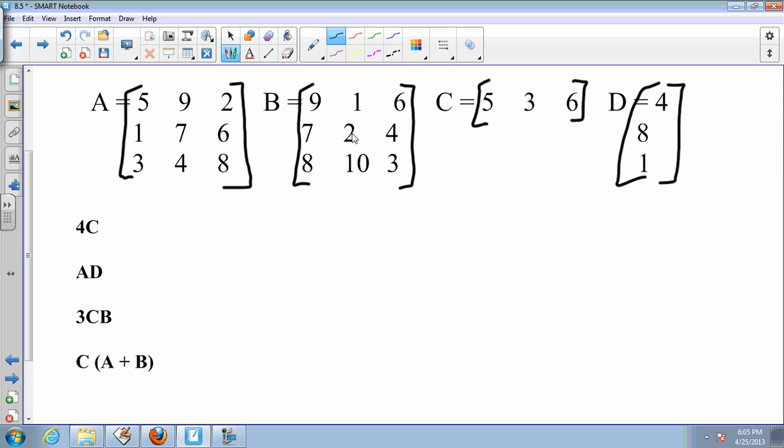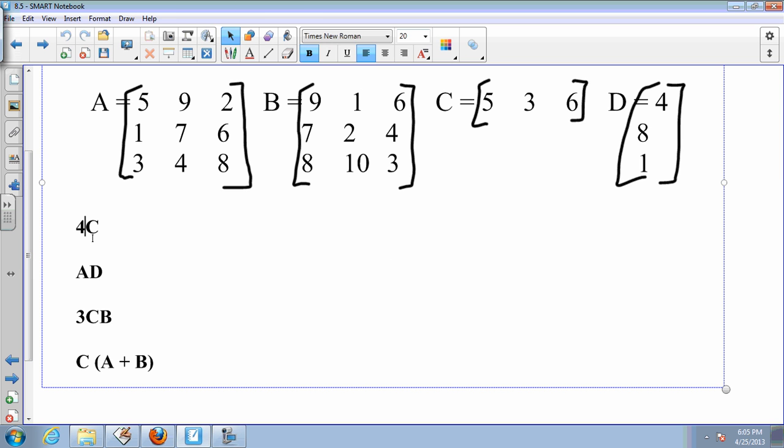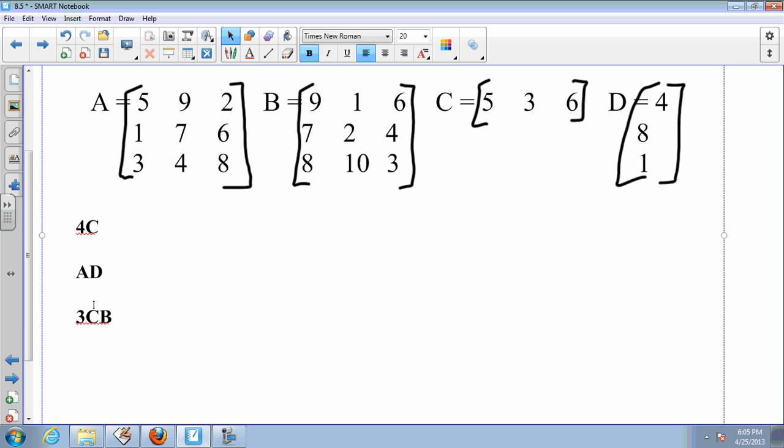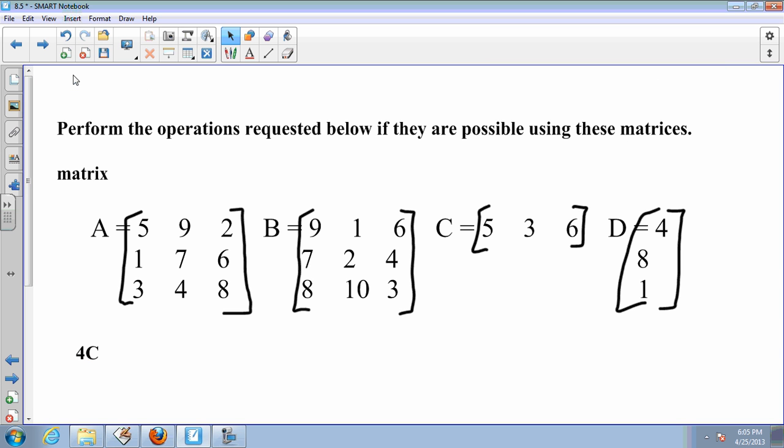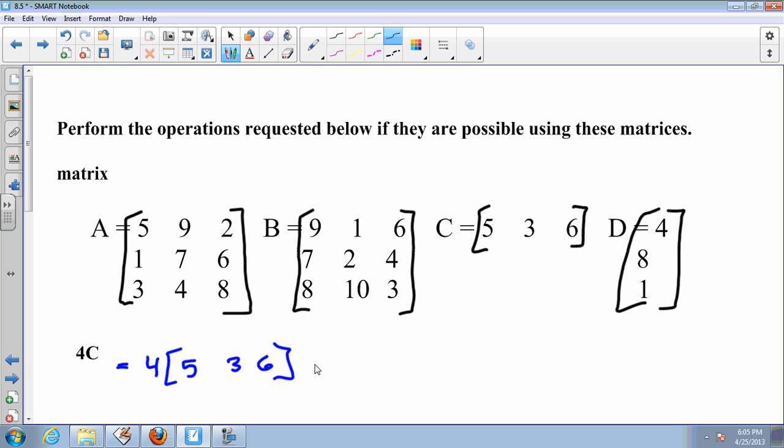So our first request is for C. So we take C, we are multiplying it by scalar 4. 4 times 5, 3, 6. That goes to 20, 12, and 24.